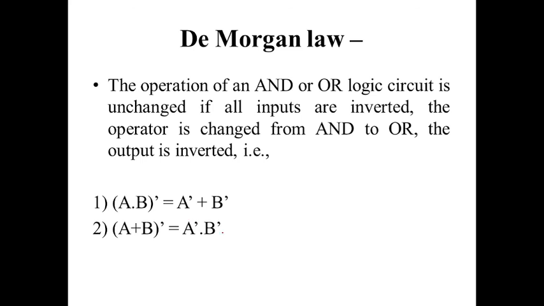The operation of an AND and OR logical circuit is unchanged if all the inputs are inverted, and the operator is changed: when the AND operation is there, it becomes the OR operation, and if the OR operation is there, it becomes the AND operation. So your output is inverted. This is called De Morgan's law.